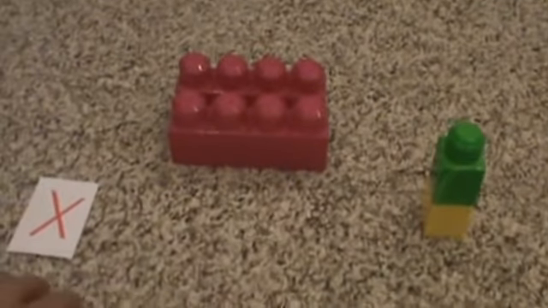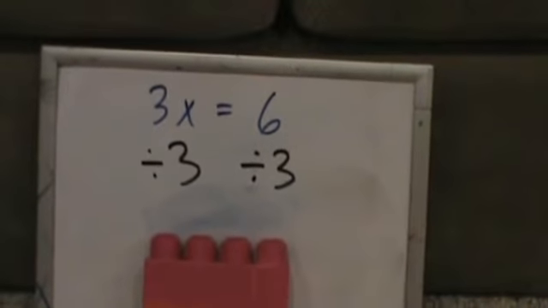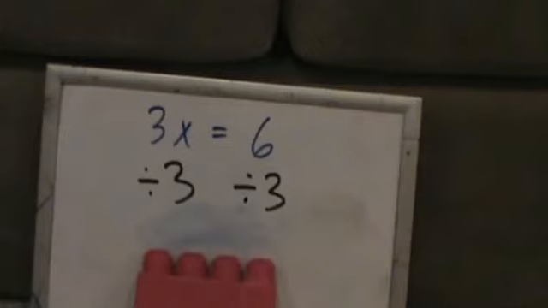So what we get is 3x divided by 3. When you divide by 3, you'll see many times teachers will cross out what they've done, or students will do that as well. So what we're left with is x. That means when you divide by 3, each group is just representing what is left. One of these groups has a total of 1 in it. On the other side, you have 6 divided by 3.